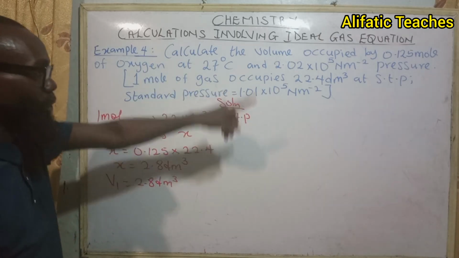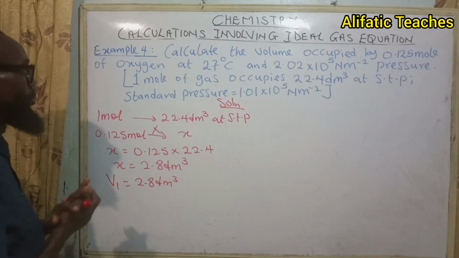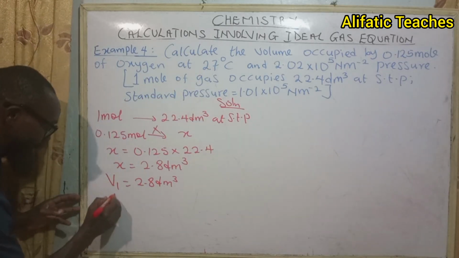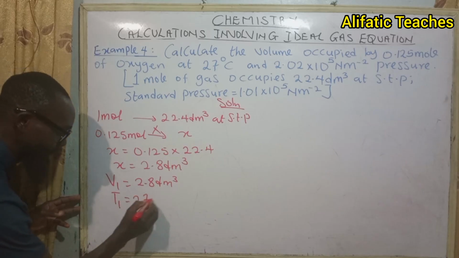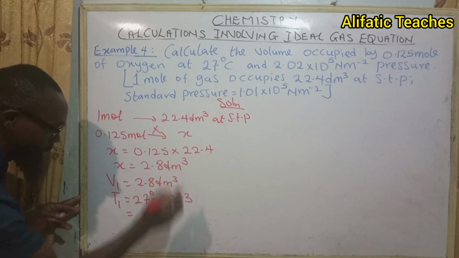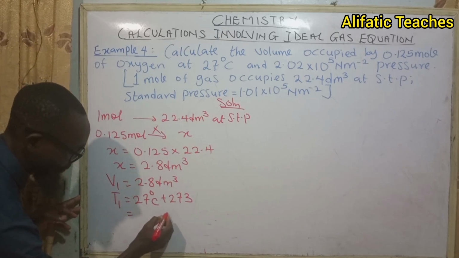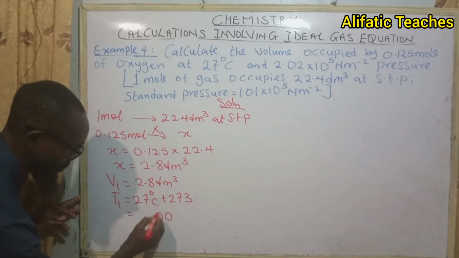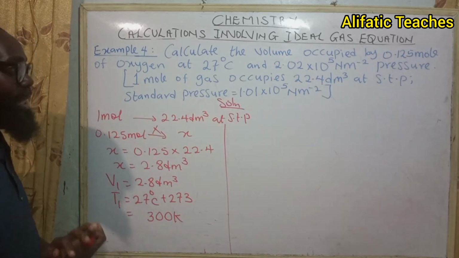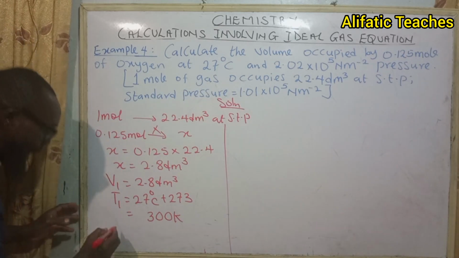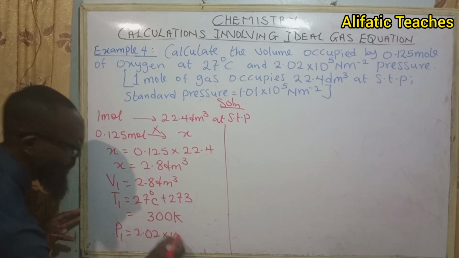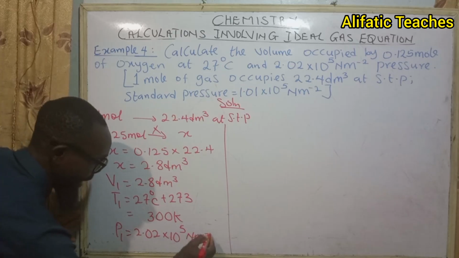Now, calculate the volume occupied by 0.125 mole of oxygen at 27 degrees Celsius. Our T1 is 27 degrees Celsius plus 273 to be converted, that is 300 Kelvin. And our P1 is 2.02 times 10 to the power 5 Newton per meter square.